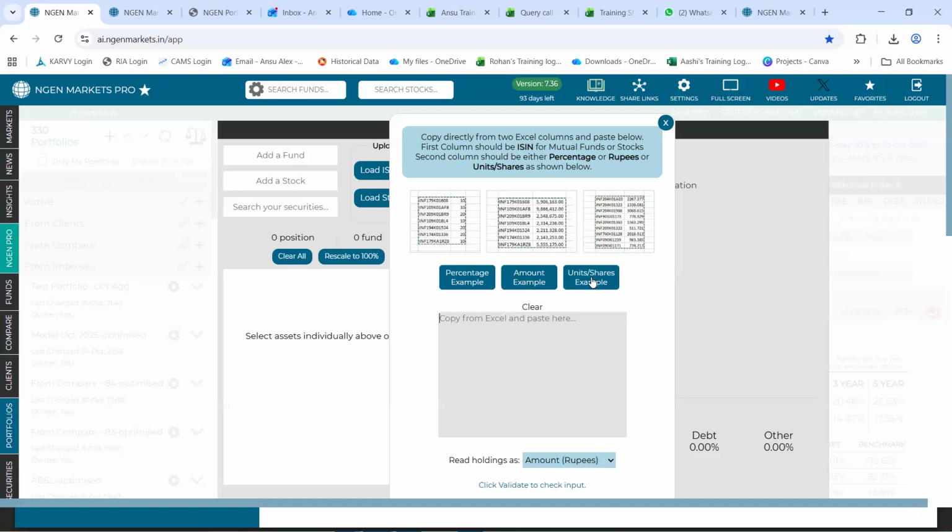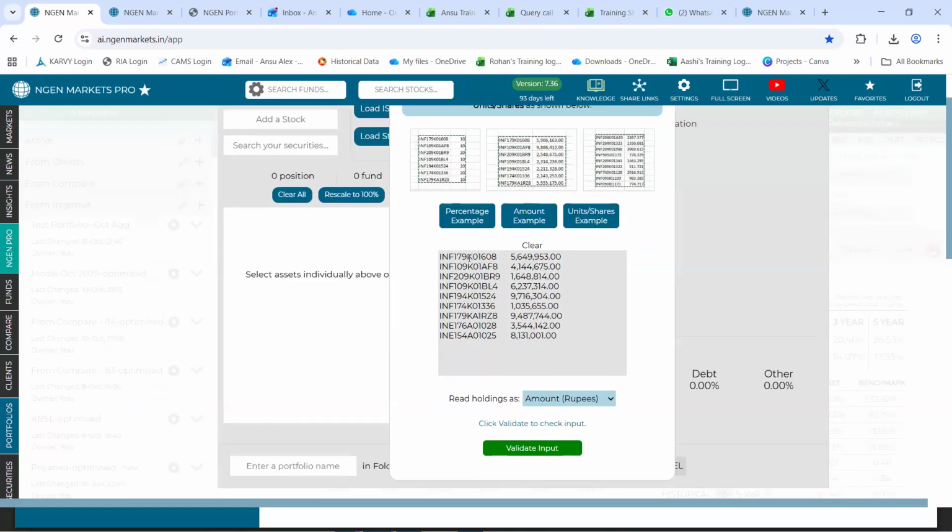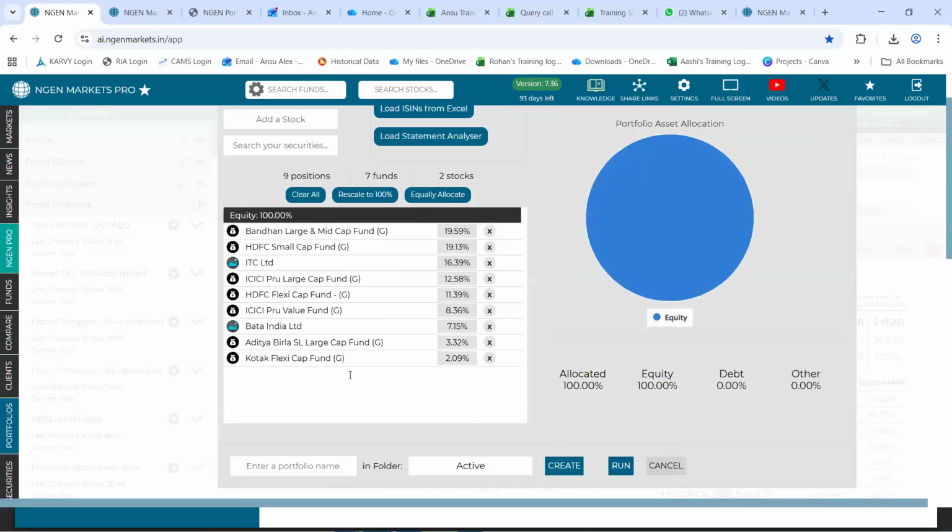Either of these three could be your second column. First has to be the ISIN number. So showing you just an example file, ISIN being the first column, amount being the second column. Then you let the system know what is taken in the second column and simply validate the data. As I highlighted, if there's any stock or MF, the system will capture both basis the ISIN, and then you can simply click on run to go forward with the portfolio analysis.